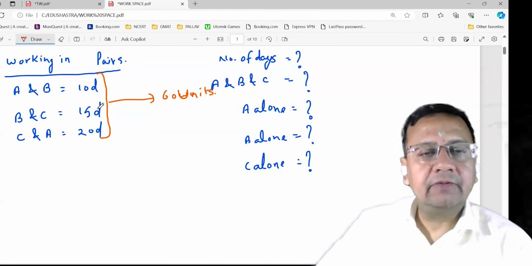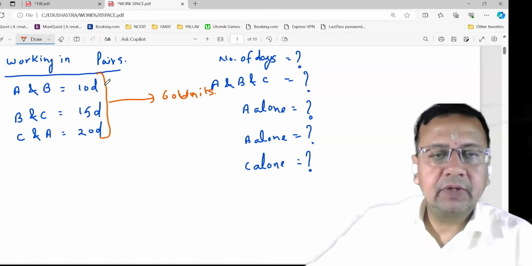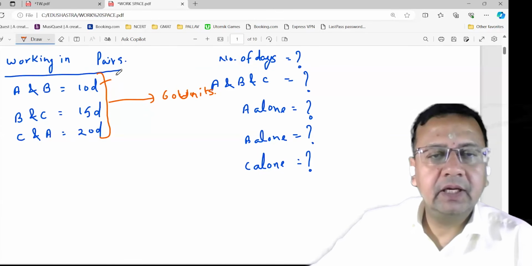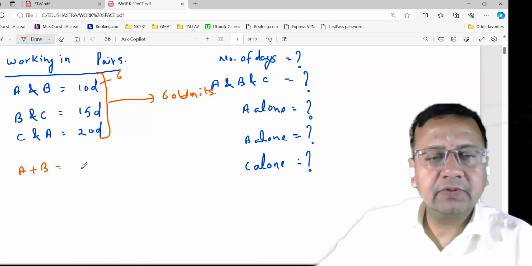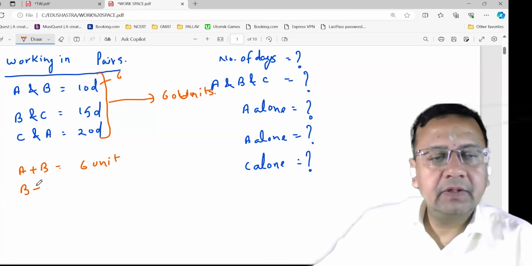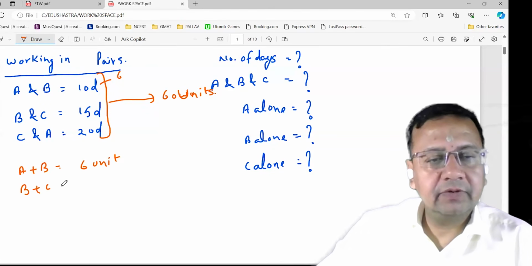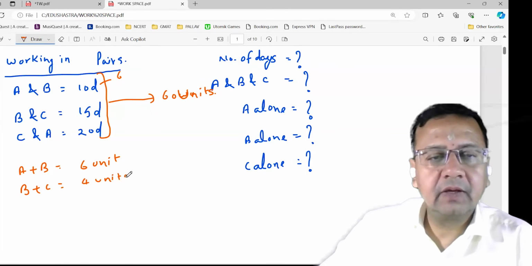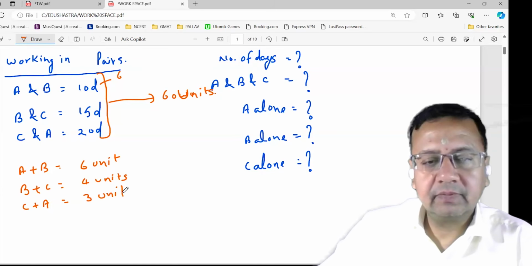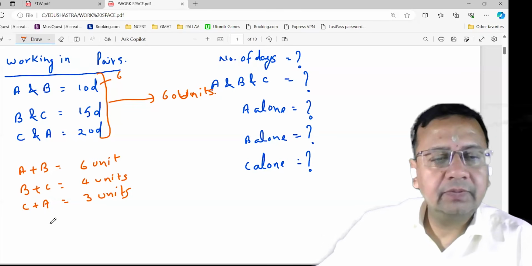If A and B finish in 10 days, they are doing 6 units per day, so A plus B is equal to 6 units. B plus C finish in 15 days, so how much? 4 units. And C and A, 3 units.